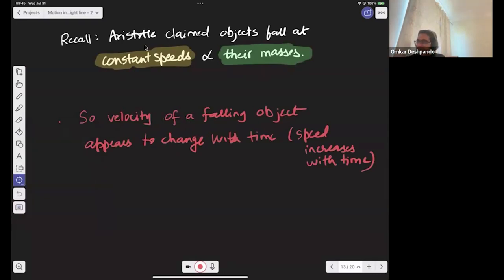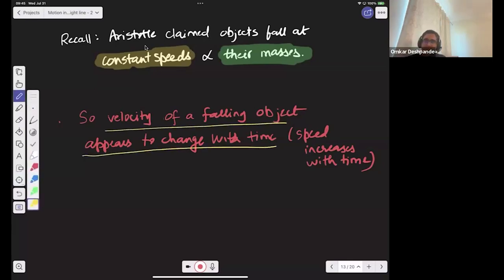That is, velocity of a falling object appears to change with time. And if velocity changes with time, then it makes sense to talk about the rate of change of velocity, to define a new physical quantity which mathematically captures the rate of change of velocity.